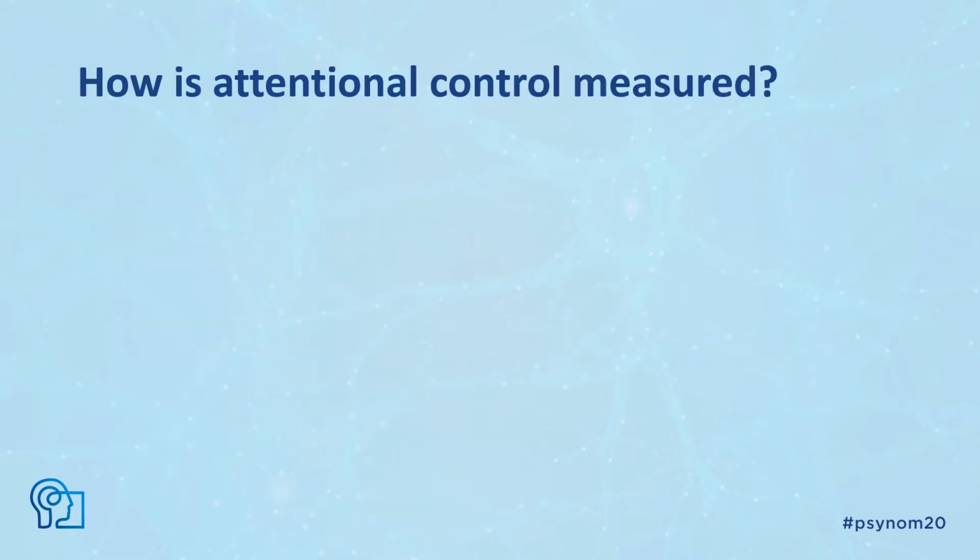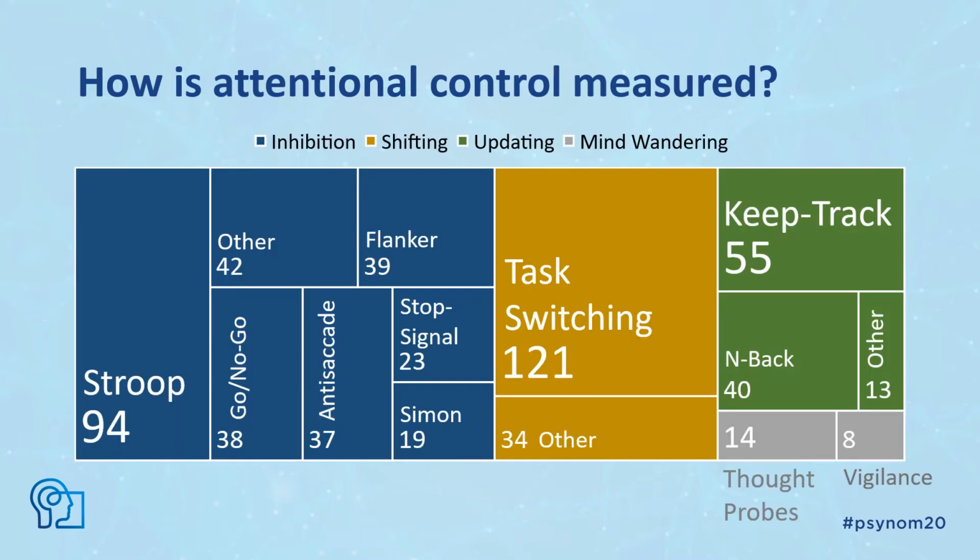So getting to our first research question: how is attentional control measured in the current body of literature? About half of the 577 dependent measures assessed what we would say is inhibition, and the by far most popular task was the Stroop task, followed by the flanker, go/no-go, and anti-saccade tasks.